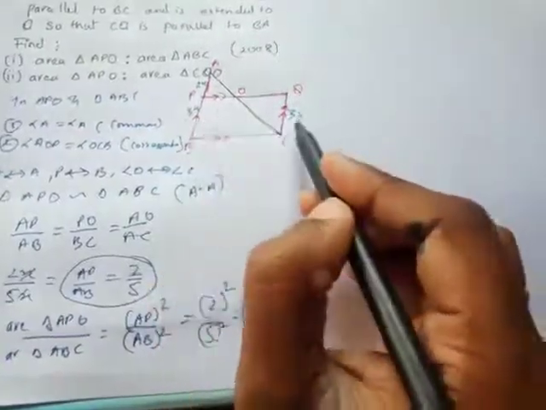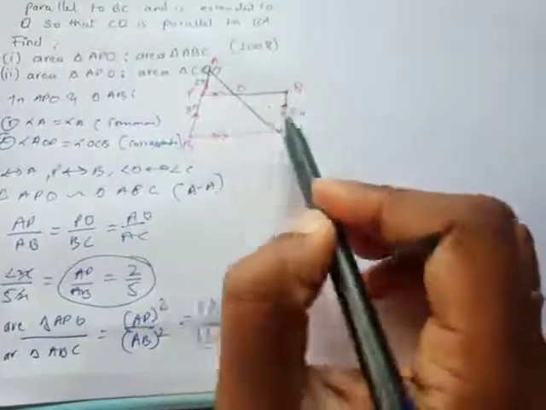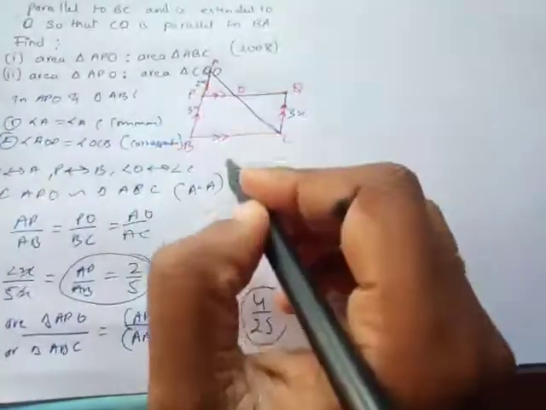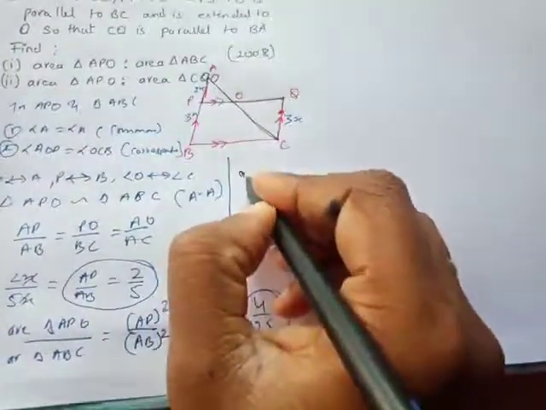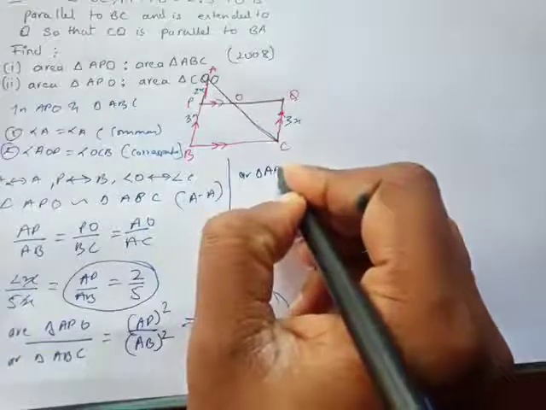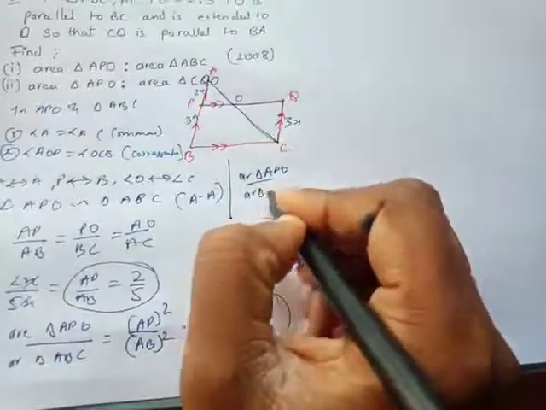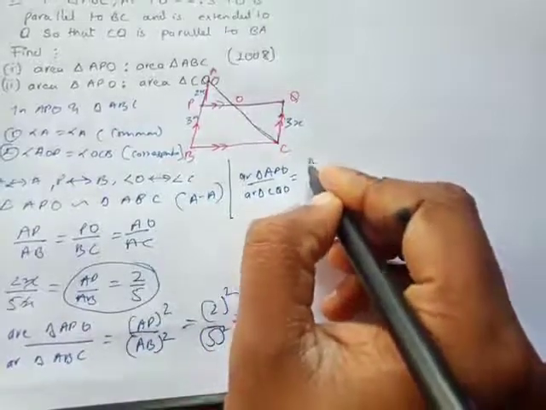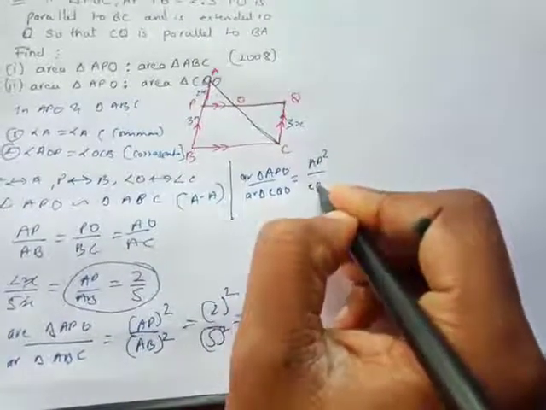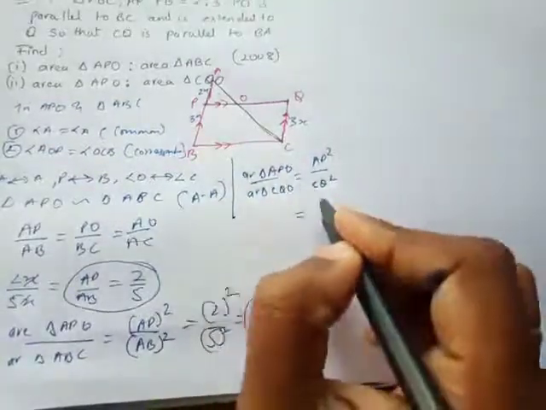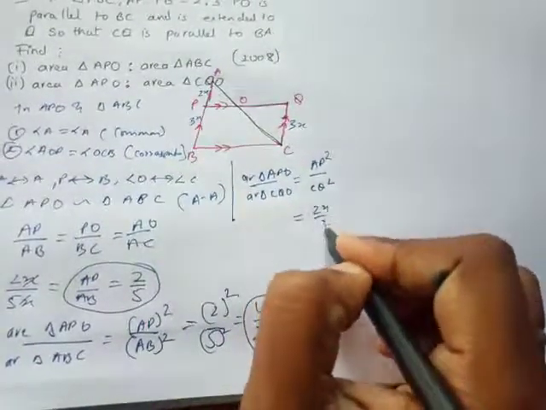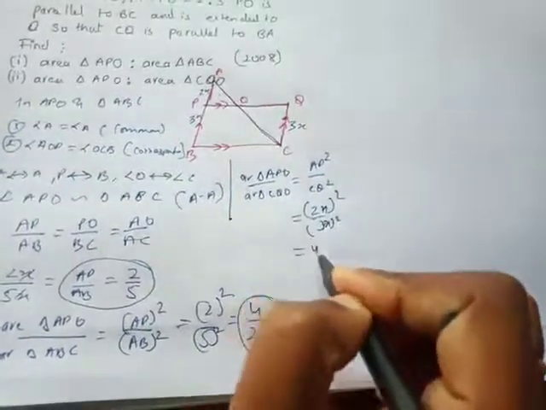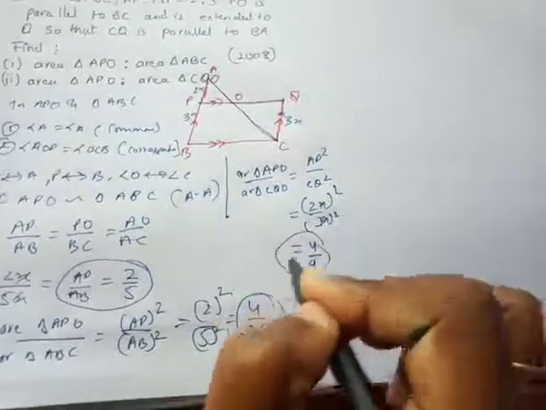So you have two sides, और दोनों को रेशियो में रख के you'll get the answer. एरिया ऑफ ट्राइंगल APO अपॉन एरिया ऑफ ट्राइंगल CQO, and then you'll be writing AP का स्क्वायर अपॉन CQ का स्क्वायर, and AP is 2x अपॉन 3x, x और x तो कैंसिल हो जाएगा, इसका स्क्वायर अपॉन इसका स्क्वायर. So your answer will be 4/9, that is 4:9.